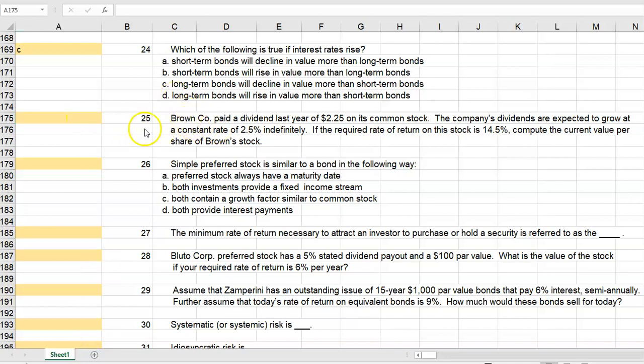Now we're getting into questions. This one, stock valuation. How do I value common stock? Notice in this one, the little trick.